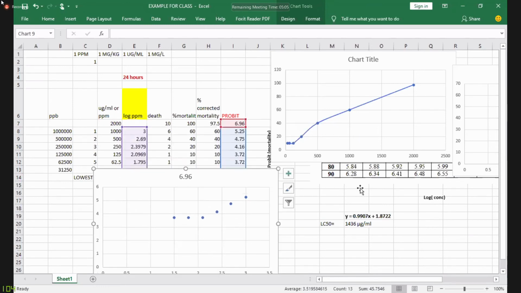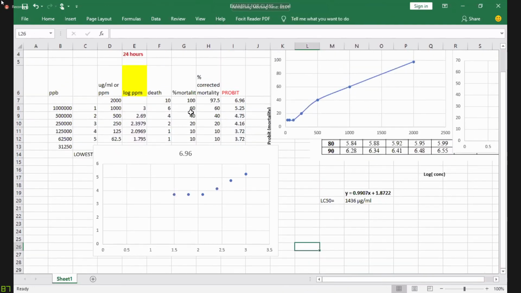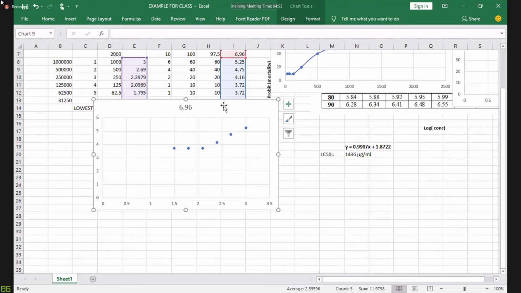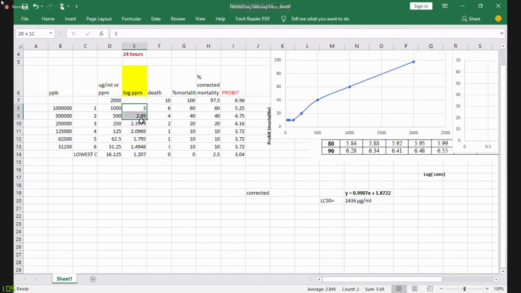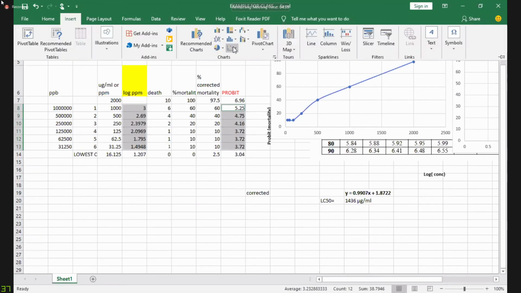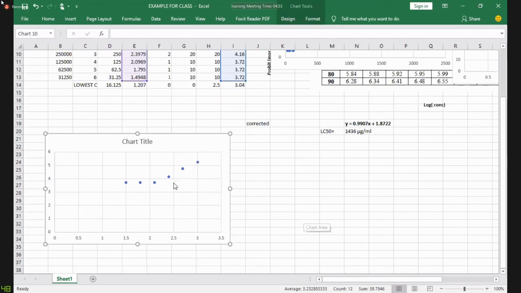You'll get this kind of quite straight curve. Is this the right one? No. Excuse me. Just delete it. You can get this curve, log versus probit. Okay, and from this is the log and this is the probit.